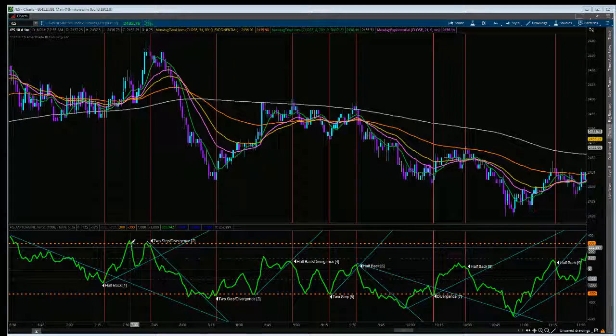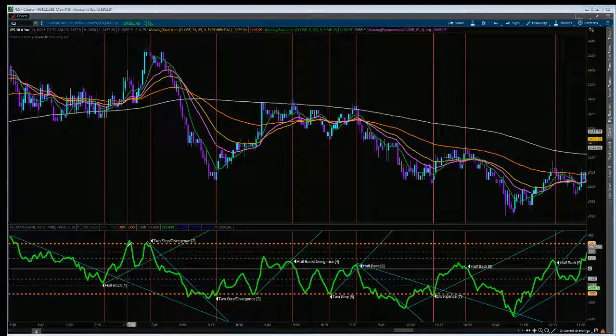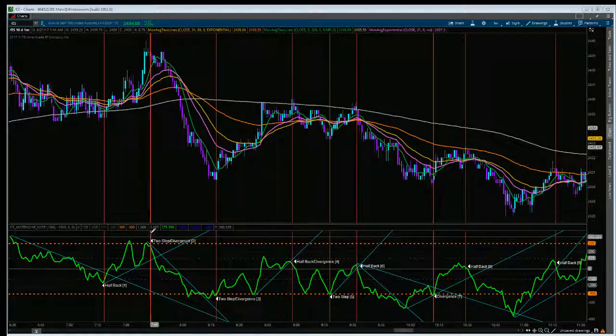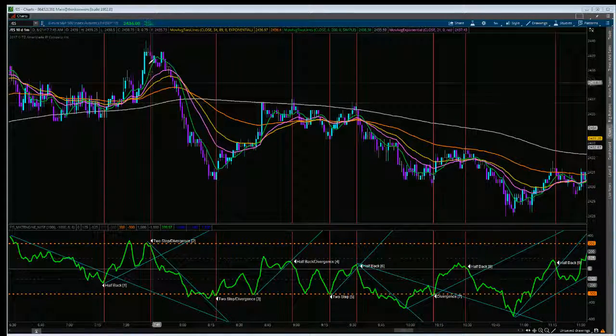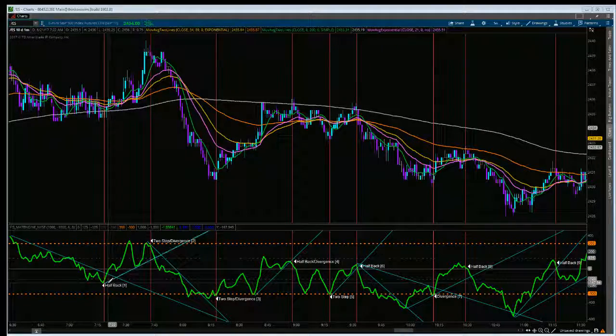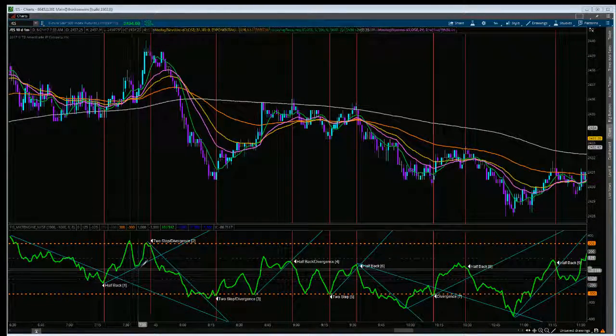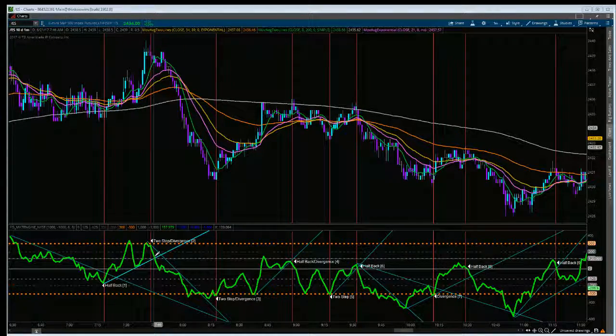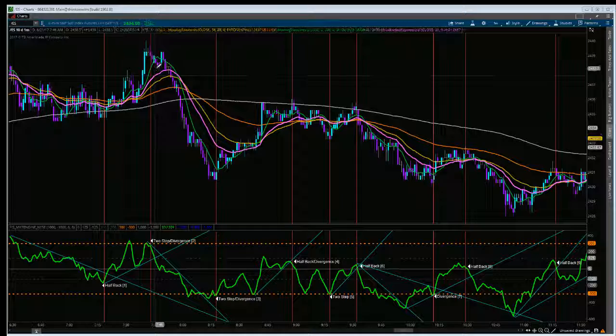Second pattern here is called the two-step, and as the name indicates, it comes up, hits the extreme up here, the orange, and comes up and hits the extreme again. You can see the red vertical line, see what's going on with price here. The way you trade it is you draw the trend line on there, and when the indicator comes down and breaks past that, let's see what's really going on right at that point.